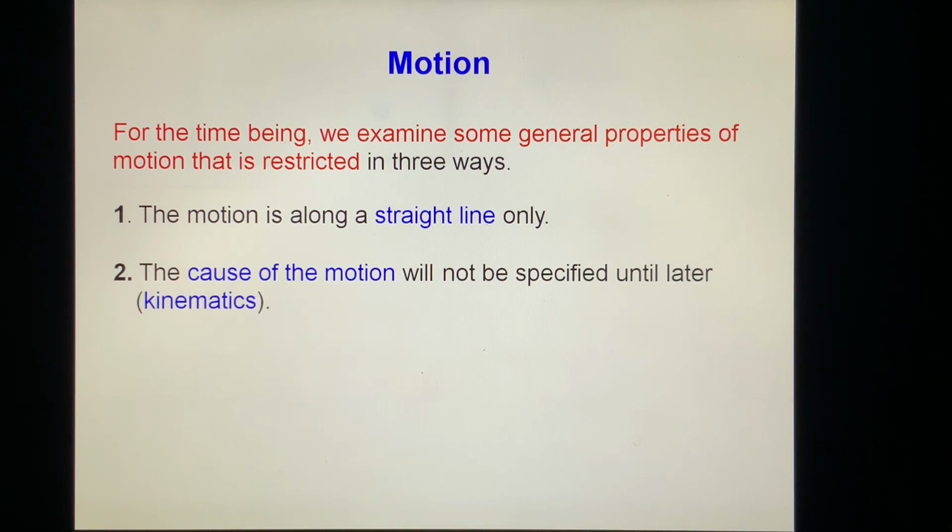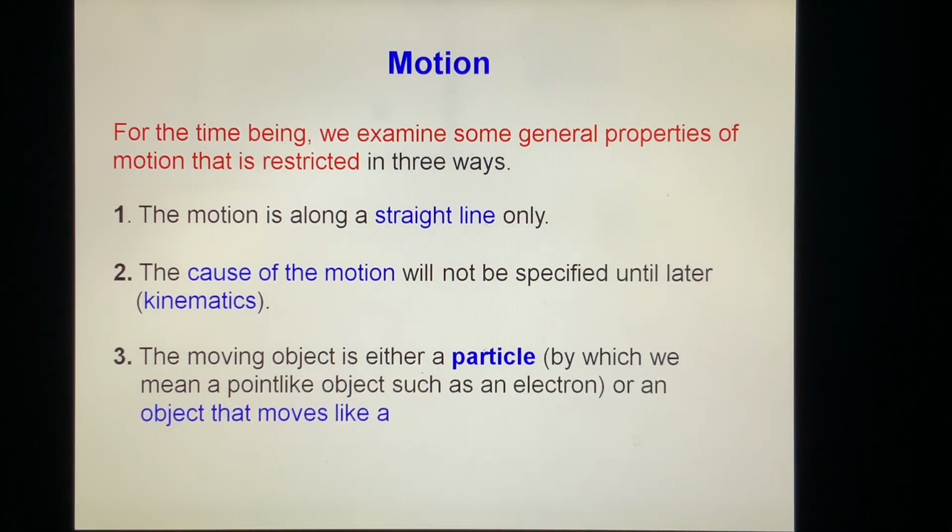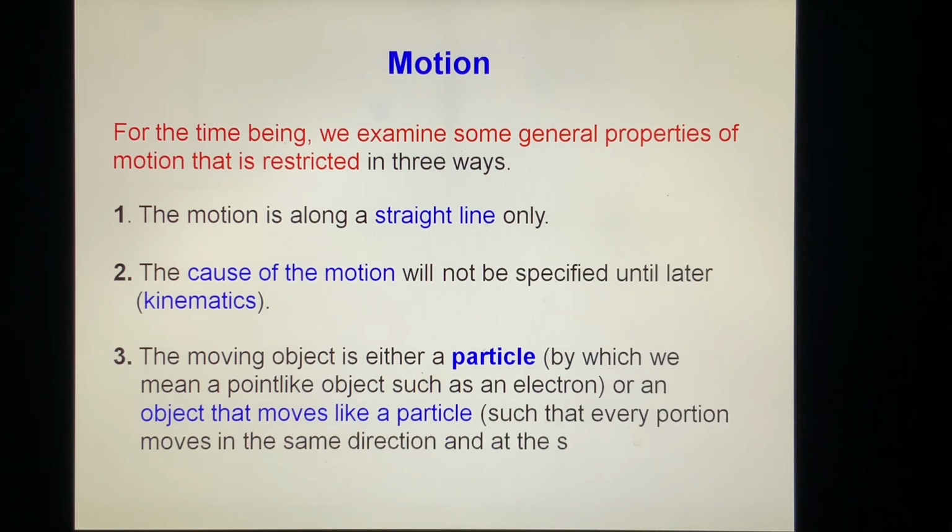We study kinematics. 3. The moving object is either a particle, by which we mean a point-like object such as an electron, or an object that moves like a particle, such that every portion moves in the same direction and at the same rate.